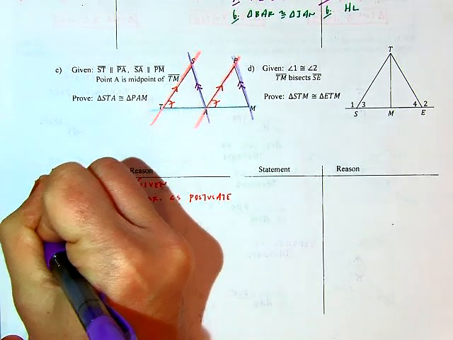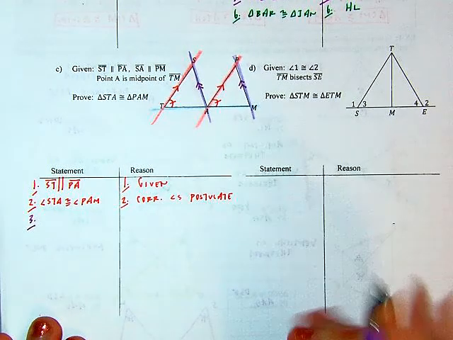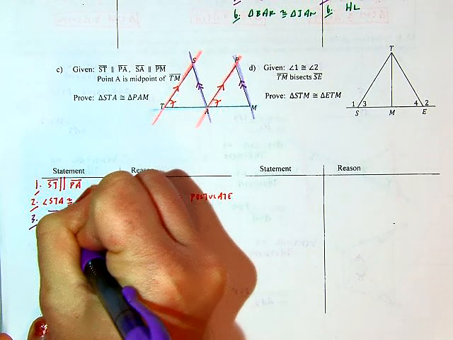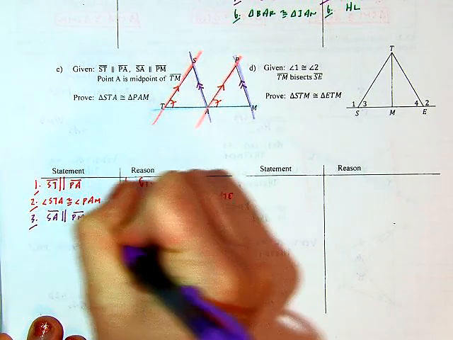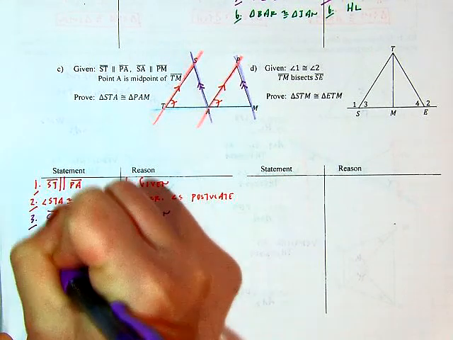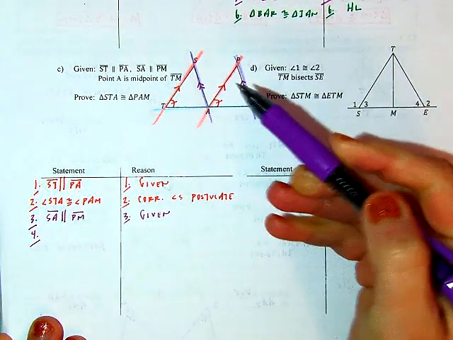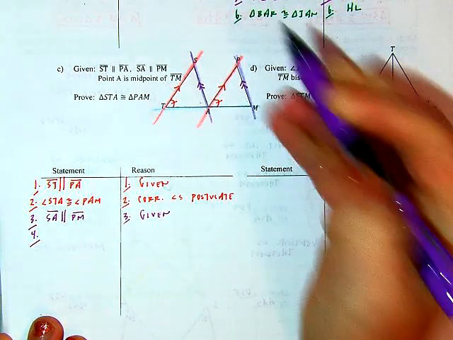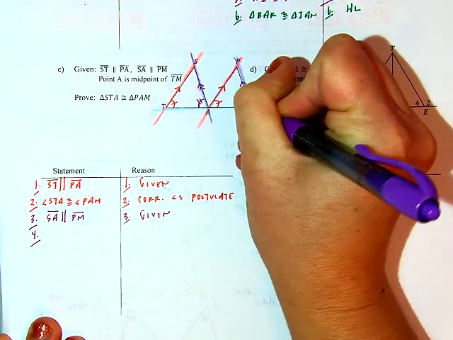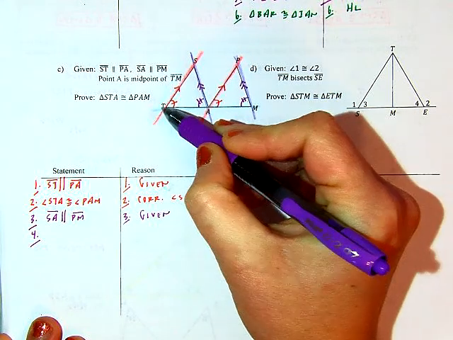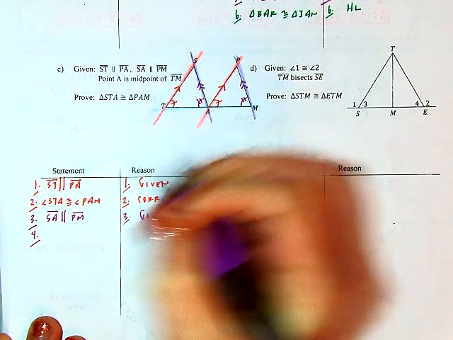So now here at step 3, I'm going to say that given SA runs parallel with PM, given. And then if I build off of that, I have another pair of corresponding angles here and here. So I can mark that with a double tick mark. And I can say that angle SAT is congruent to PMA.